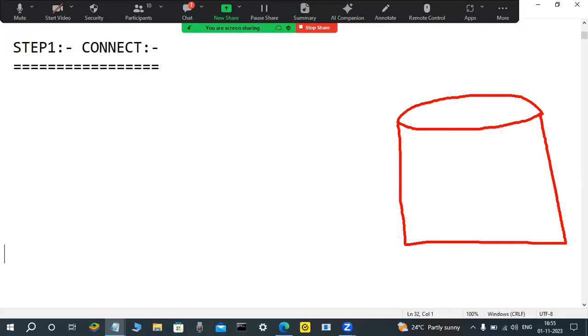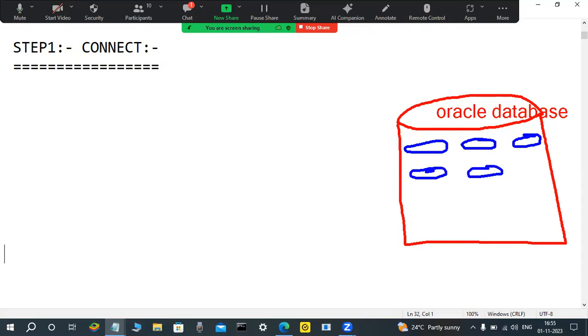Suppose I'm installing Oracle software. Don't write it, just observe. Whenever I'm installing Oracle software, then automatically some place is reserved. This is the Oracle database, DB. This Oracle database is a collection of database objects. Tables, you have an idea? Same like tables, views, synonyms, sequences, indexes, procedures, functions, materialized views, clusters, packages, cursors.